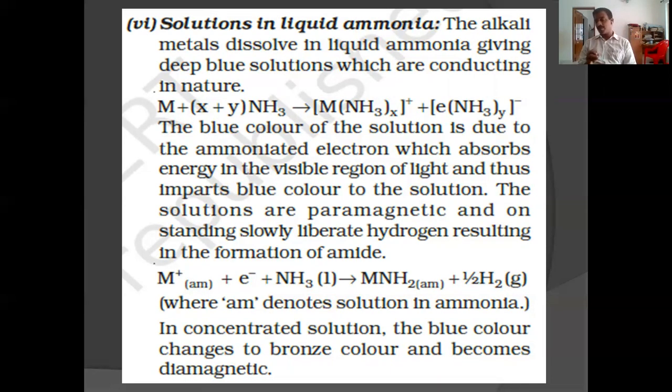This M plus forms bonds with NH3, and we cannot predict how many molecules of NH3, so we represent it as x: M(NH3)x plus. NH3 is neutral, so the charge on the metal remains plus. The released electron also forms bonds with molecules of NH3; we cannot say how many, so it is written as y.